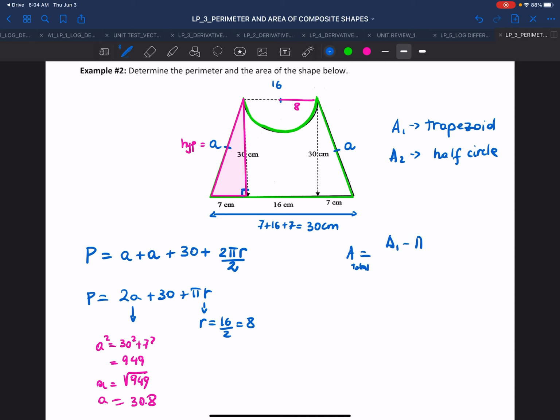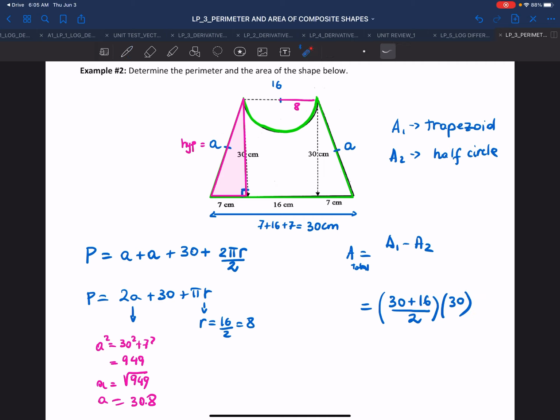A1 minus A2. Now A1 is, remember, the trapezoid formula: the average of the two bases multiplied by height. So 30 plus 16, divide this by 2, and then times the height, which is 30.